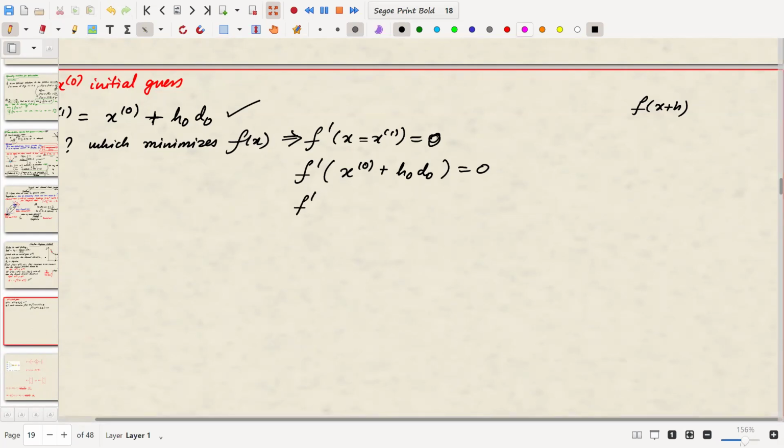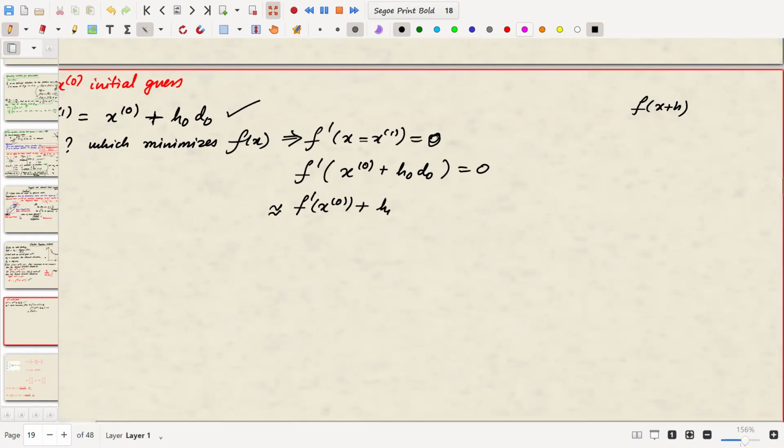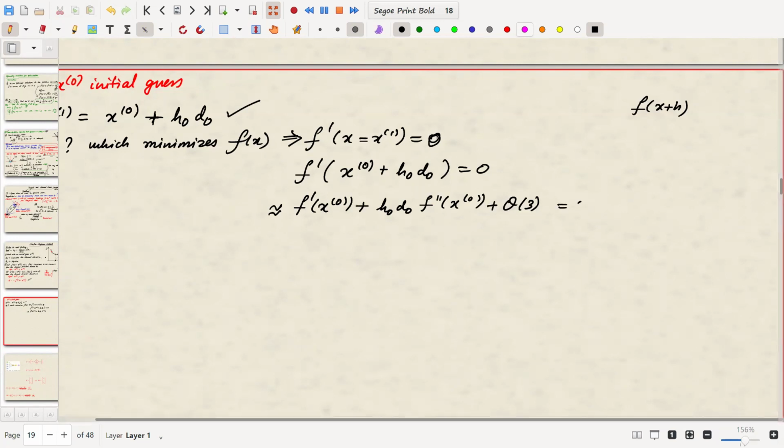So you can write this approximately as f prime x naught plus h naught d naught f double prime of x naught and so on, order 3 terms, and that is equal to 0. Order 3 you can neglect, though we will encounter an error of degree 3.